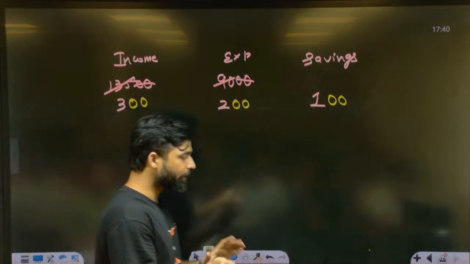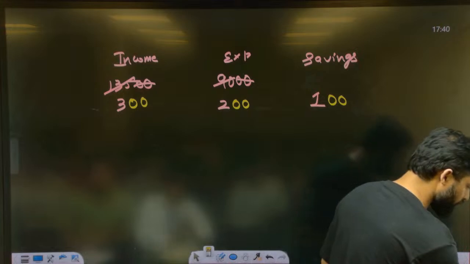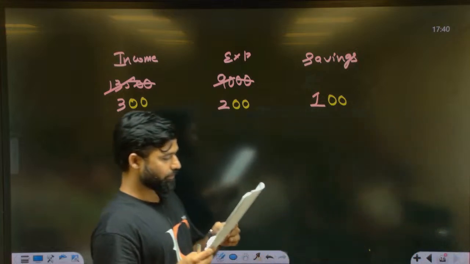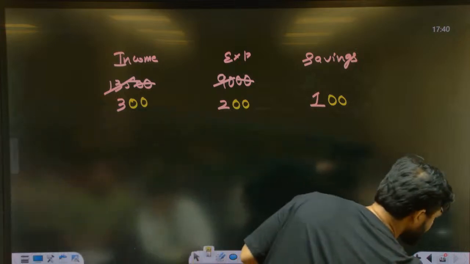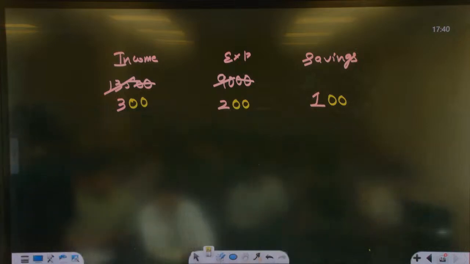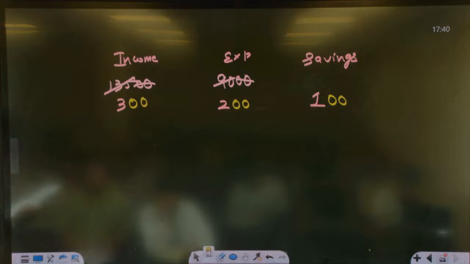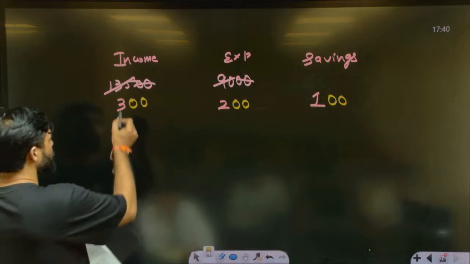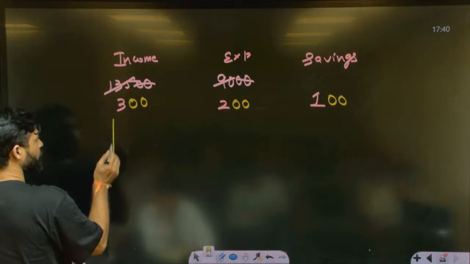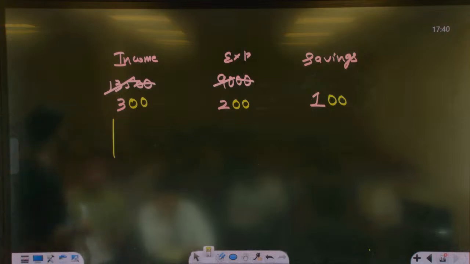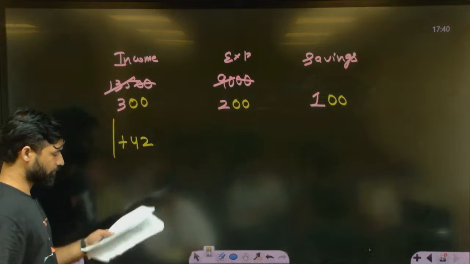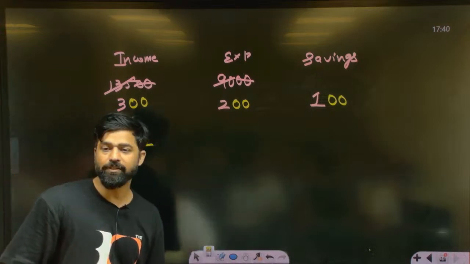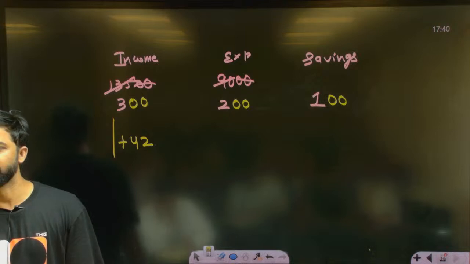So there is an increment in the income of 14%. So what is 14% of 300? 42.